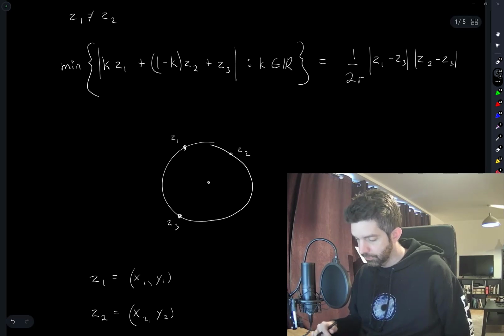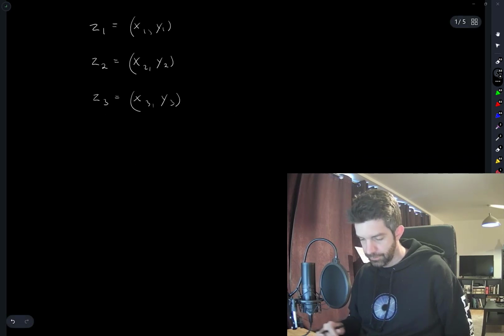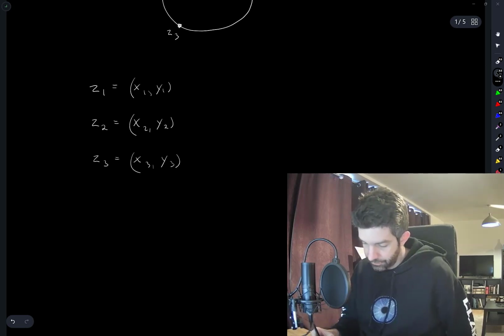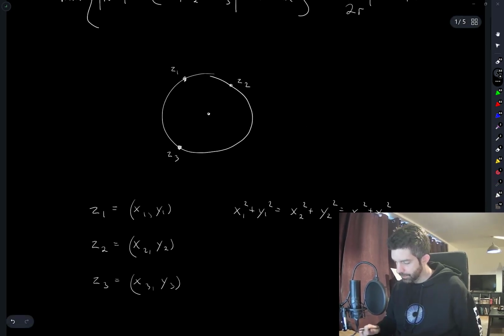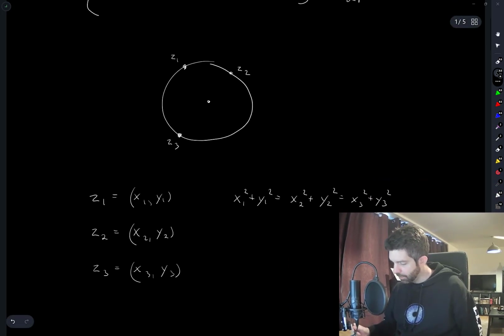Looking at this, I don't see exactly what that elegant result is. I mean, this technically should work if this is true, but okay, so we have arbitrary points that are all on a circle. All of these are equal to r squared.